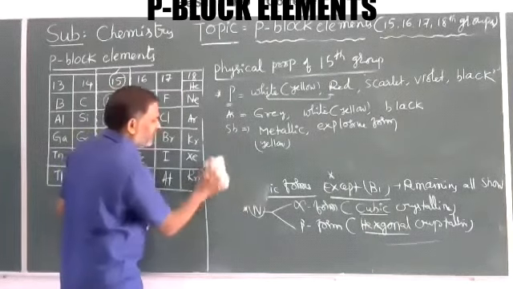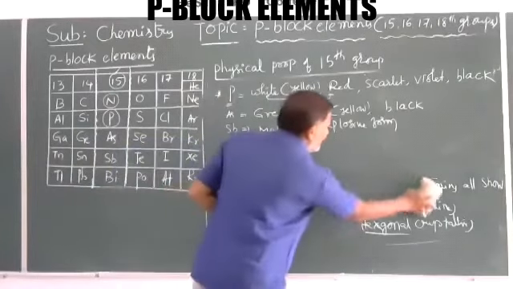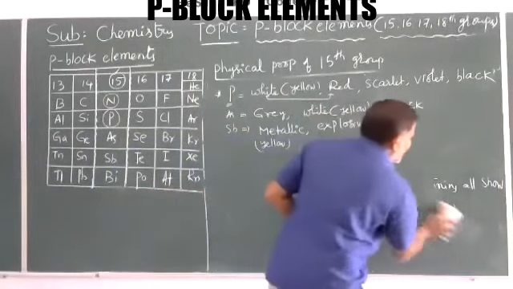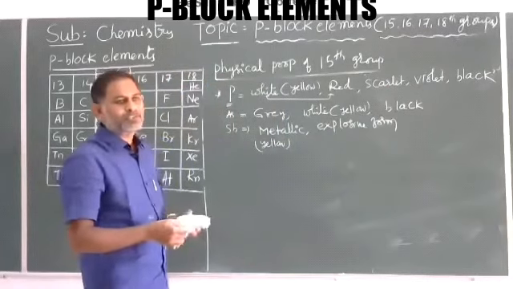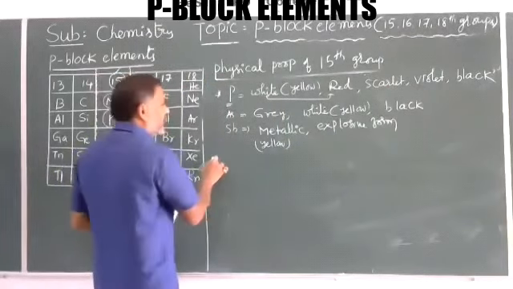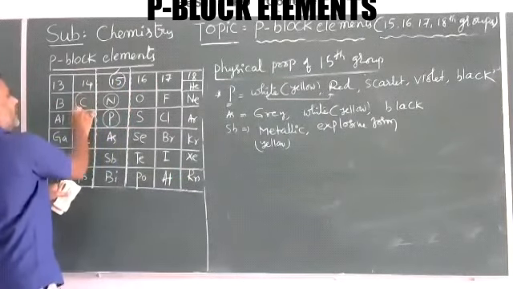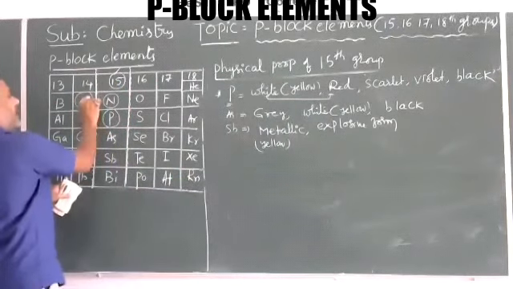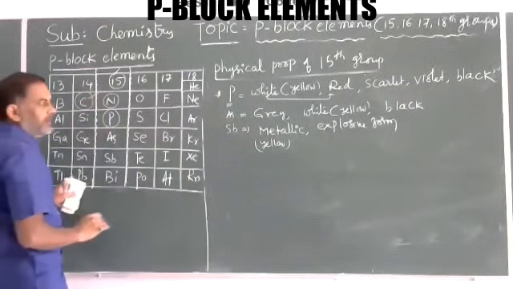Next, the last one in physical and general properties of 15th group elements is catenation property. What is catenation property? In 14th group elements, it was clearly explained in first year. Among all known elements, the element with the highest catenation property is carbon.